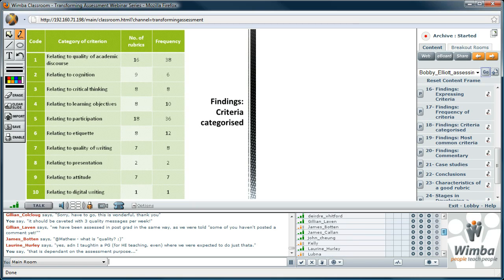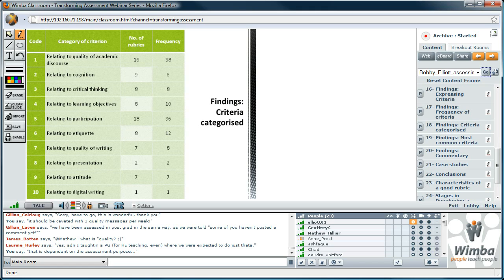If you take number 5, 18 of the 20 rubrics had at least one criterion, and some had more than one, on a particular theme. But 18 of the 20 rubrics had criteria about participation, which would typically be something like posted twice per week.